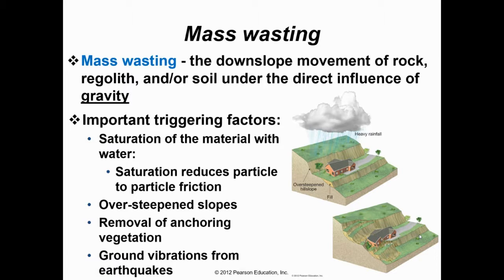They find themselves where there's water in between the grains. And that means that they've lost contact with each other, and thus, because gravity pulls things downward, once they lose contact with each other, gravity naturally is going to cause them to pull downward. And so that results in material moving down slope.